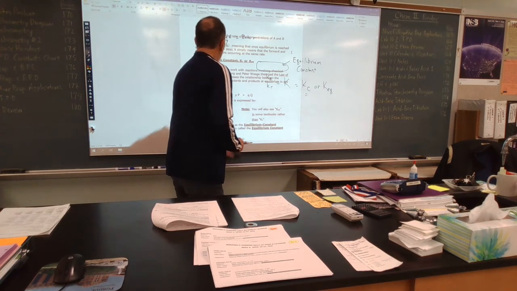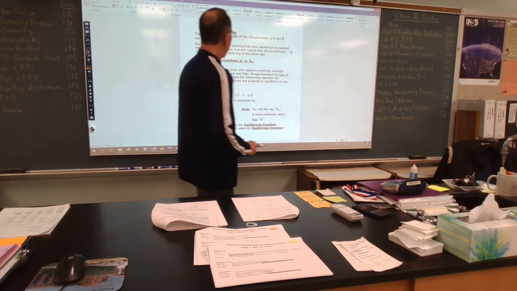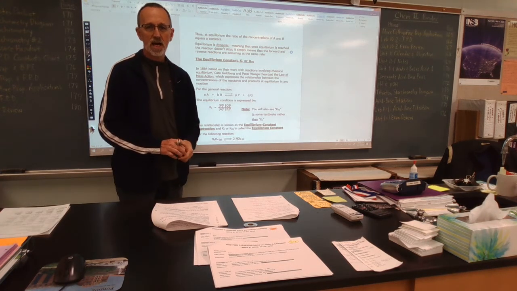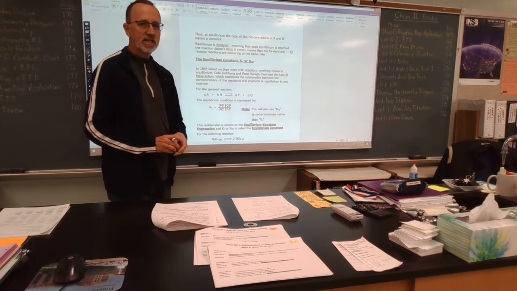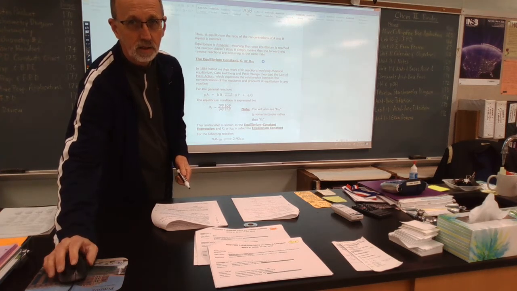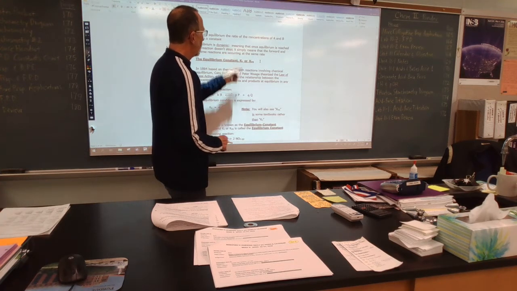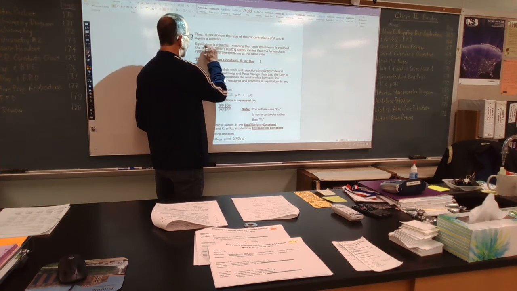So thus, at equilibrium, the ratio of the concentrations of A and B equals a constant. Equilibrium is dynamic, meaning that once equilibrium is reached, the reaction does not stop.